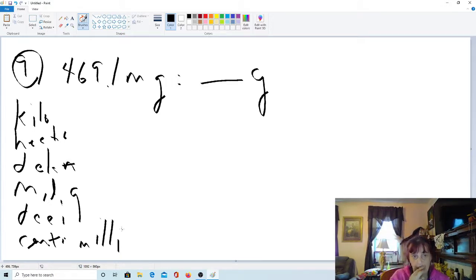Okay, to go from milligrams to grams, you have to go up 3 units. So you divide by 1,000. 1 unit, 2 units, 3 units. So 469.1 milligrams divided by 1,000 would be 0.4691 grams.